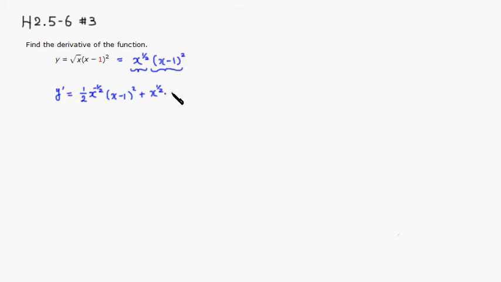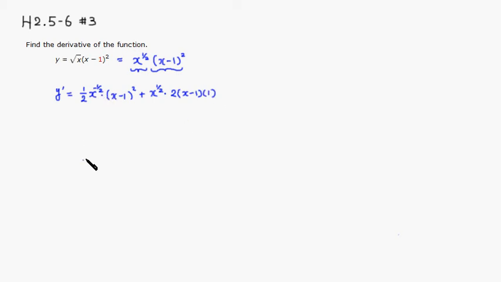So it's the general power rule: 2, keep the same quantity x minus 1, subtract 1 from the power, times the derivative inside, which is 1 anyway, so maybe I'll just write that.